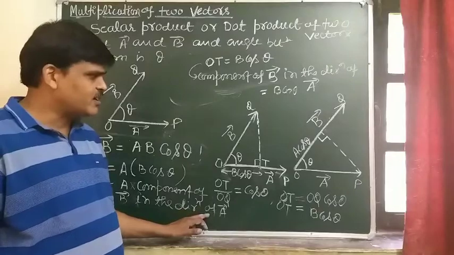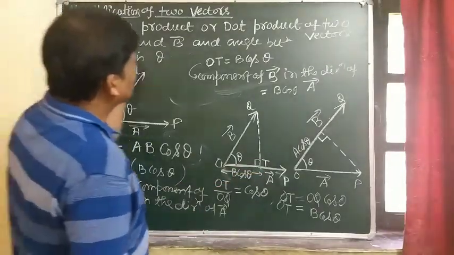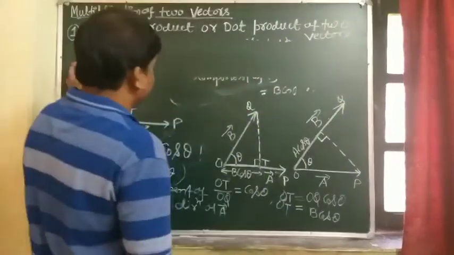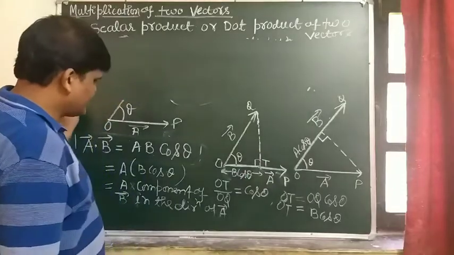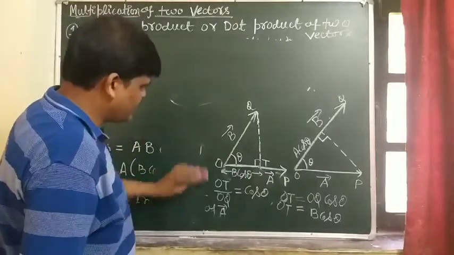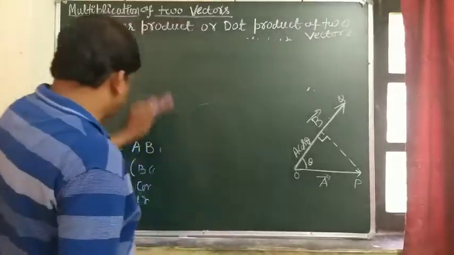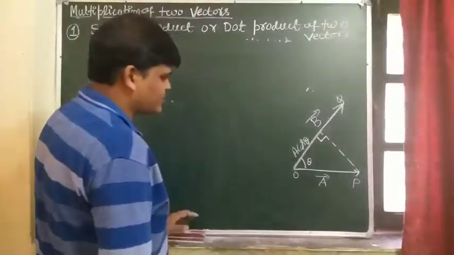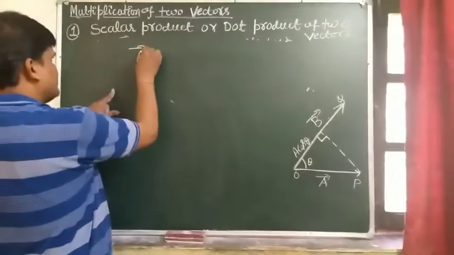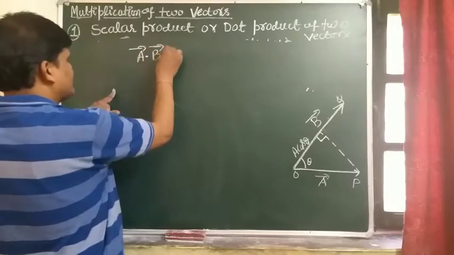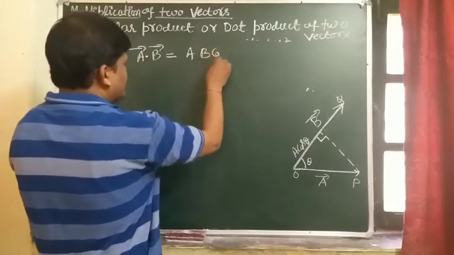the first vector. And student, for the second case, the second diagram, we see that this is the geometrical representation of the scalar product of two vectors. In the same way we can write it. Vector A dot vector B is AB cos theta.